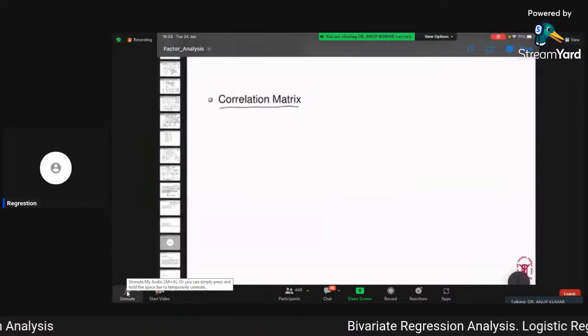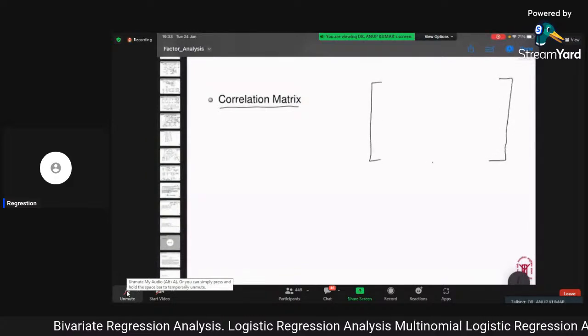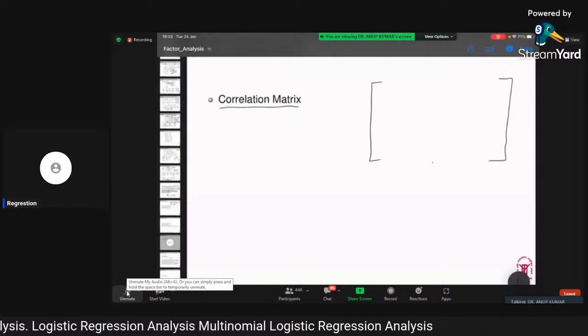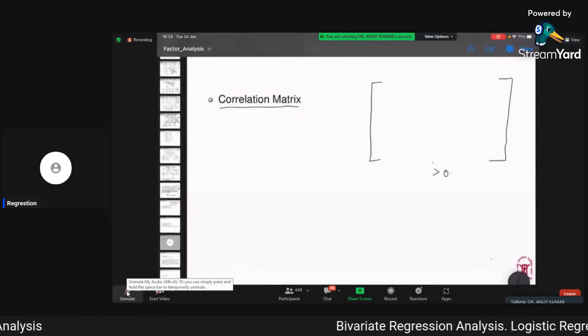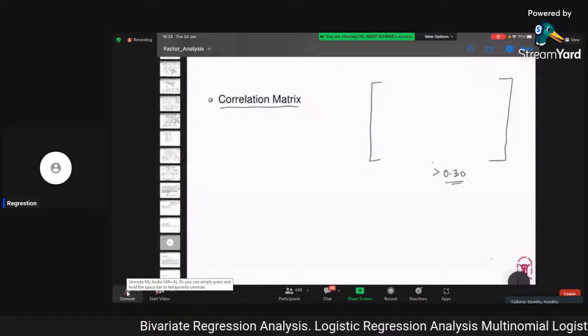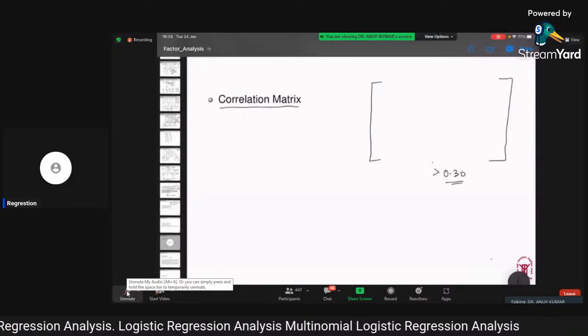Find out the correlation matrix and see if most of the entries in it are more than 0.30. Then you can think that this is good for factor analysis.